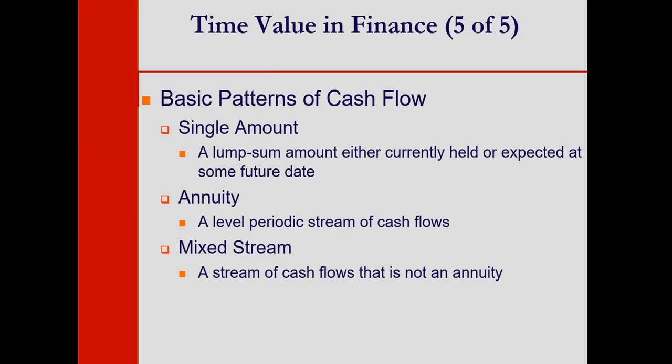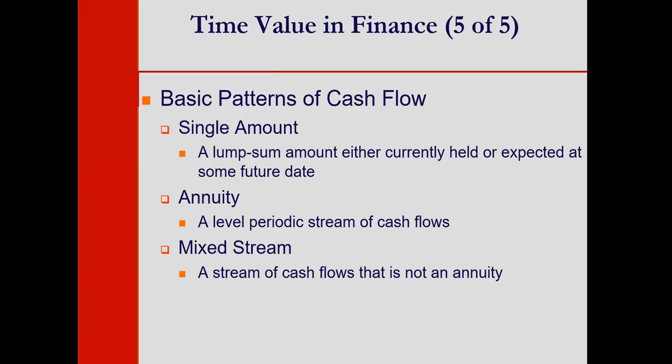Annuity means when you are receiving exactly the same amount at the same intervals. So there are two conditions for something to be considered as an annuity. First one is the amount has to be the same. If you are receiving $100 a month, it has to be $100, and the time interval should also be exactly the same.